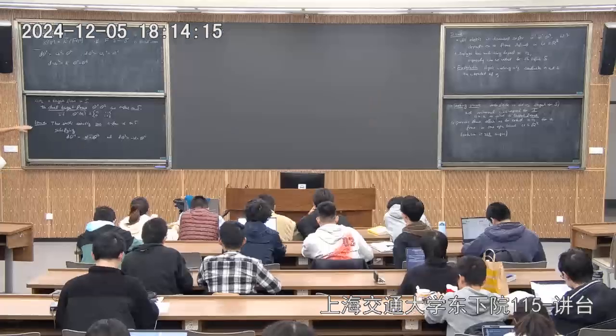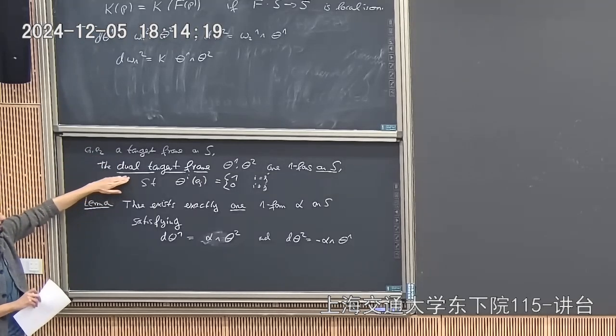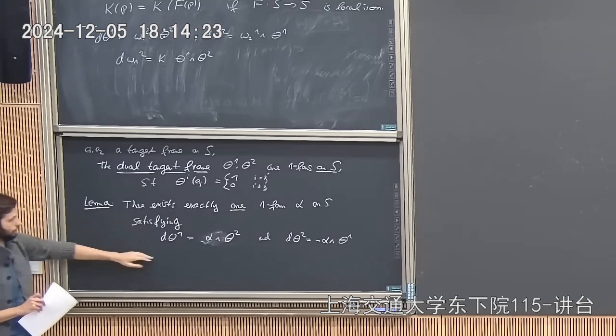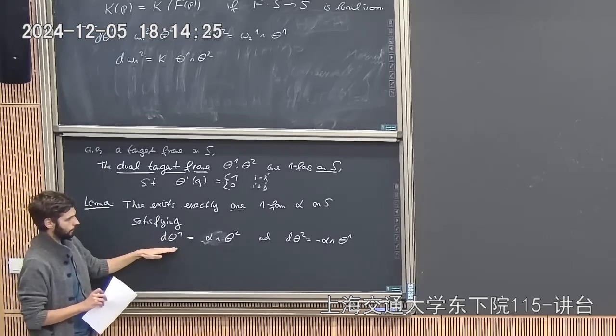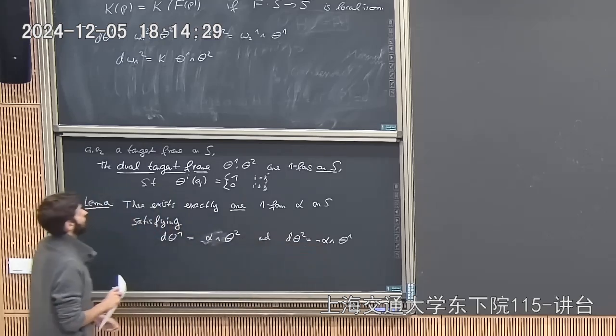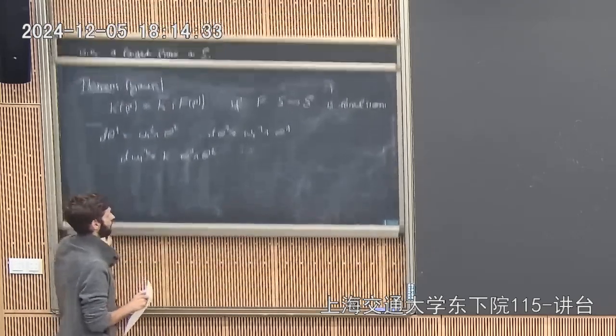So the point here is that the tangent frame is fixed, then we get uniquely the dual tangent frame, and the lemma tells us that using these two equations we can define the alpha uniquely. So how do we go about proving this small lemma?